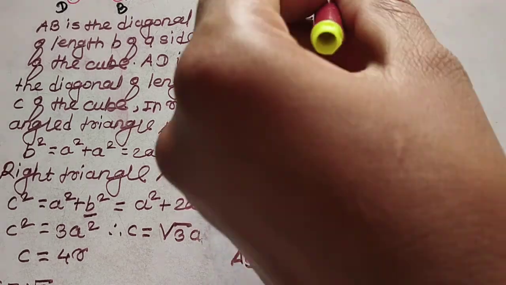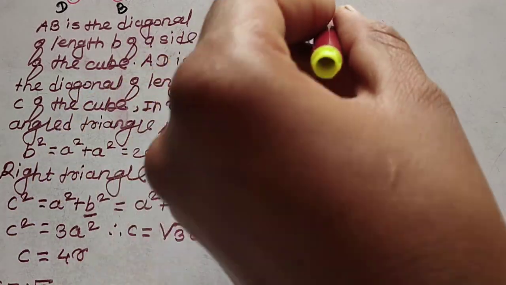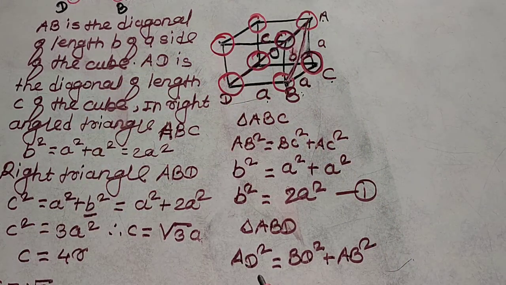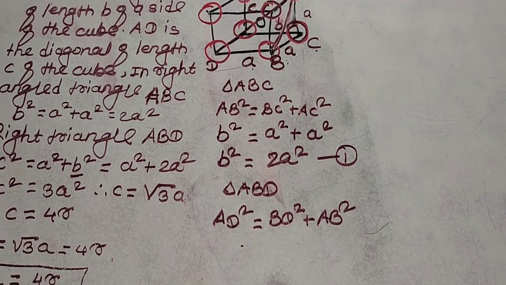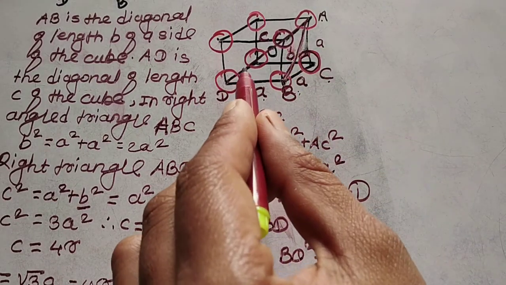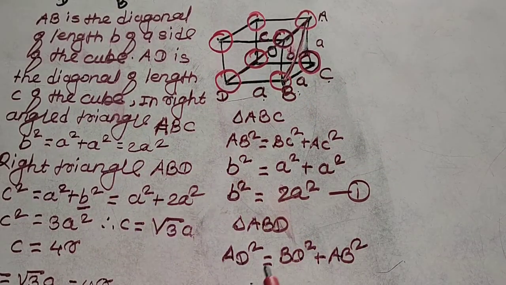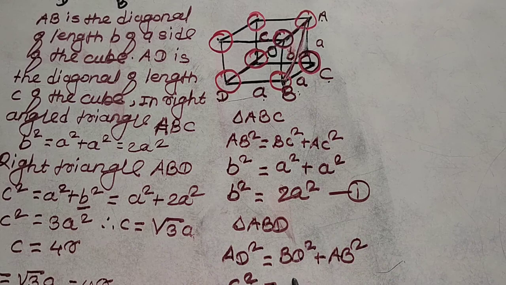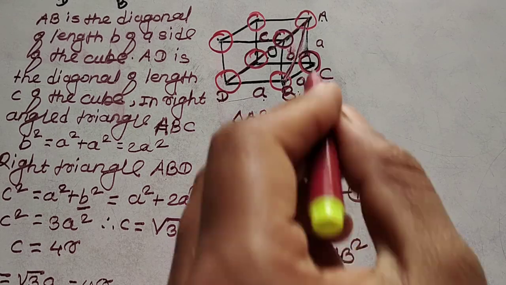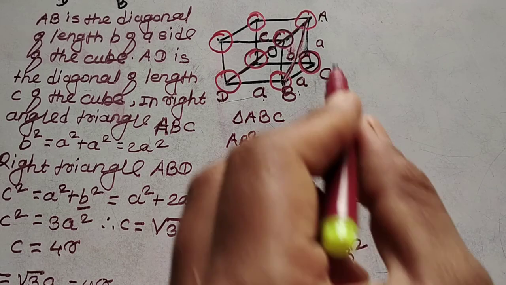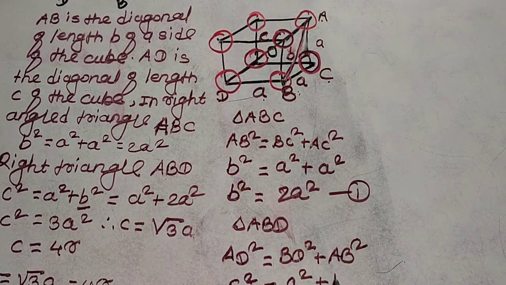This is diagonal AD, this is BD, and this is AB. Your AD is c. So c square is equal to, your BD is a, so a square plus AB square, and AB is b square.